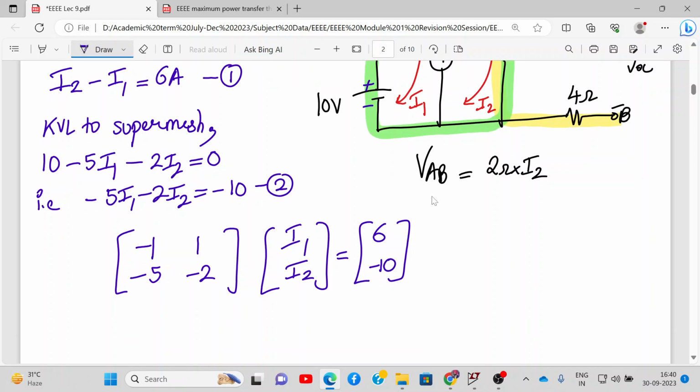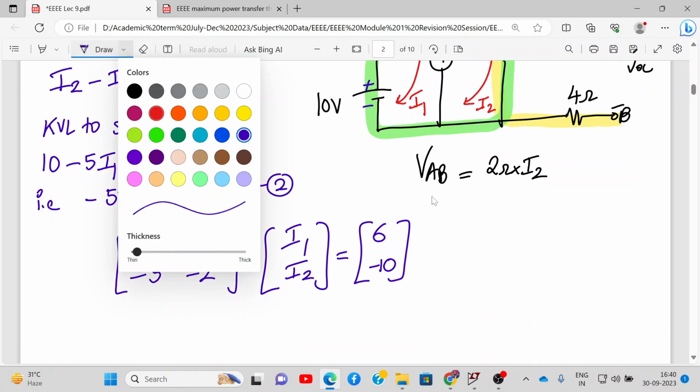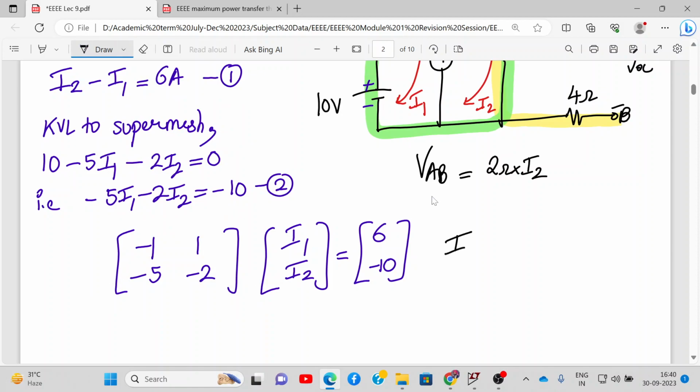If you work this out carefully, you will get I1 as minus 0.28 amperes, and current I2 will be 5.71 amperes.